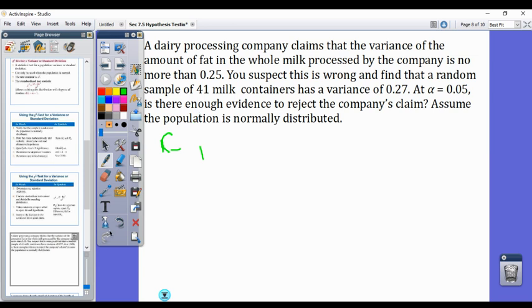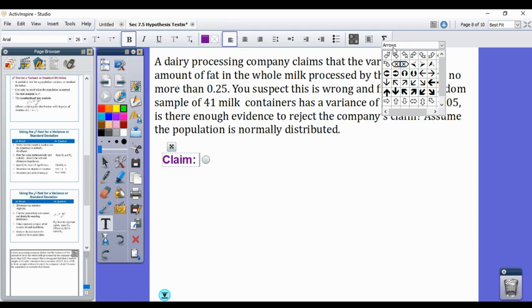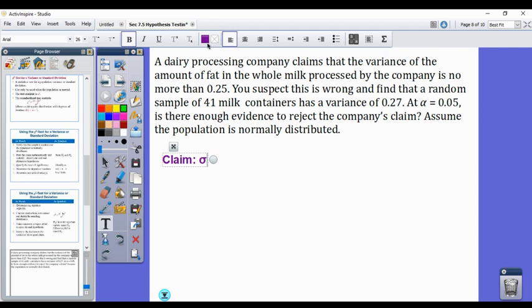It's a curious thing. Okay, so the claim is the variance. Let's see, okay, yep, that'll work.